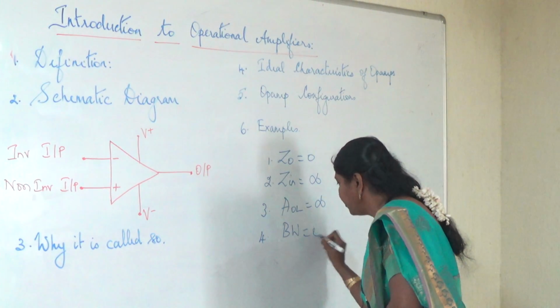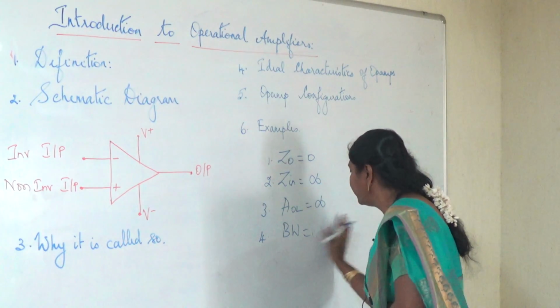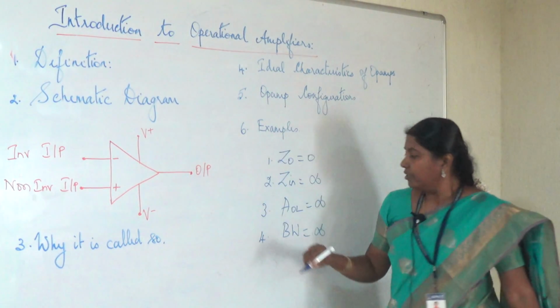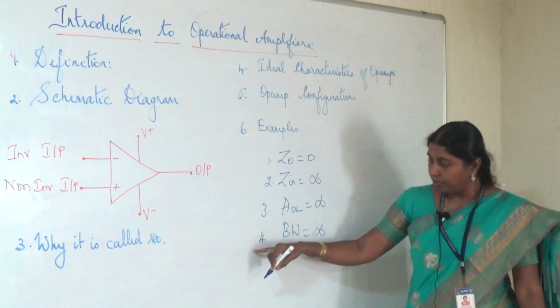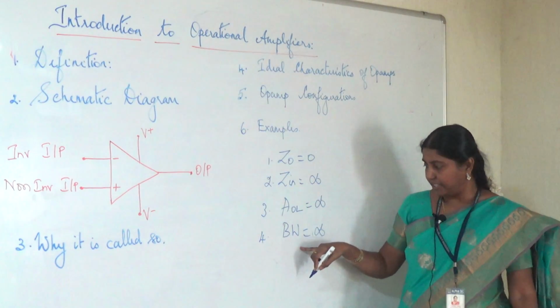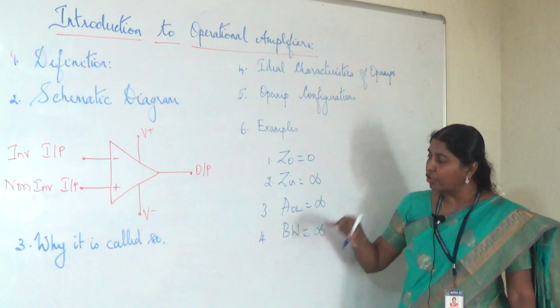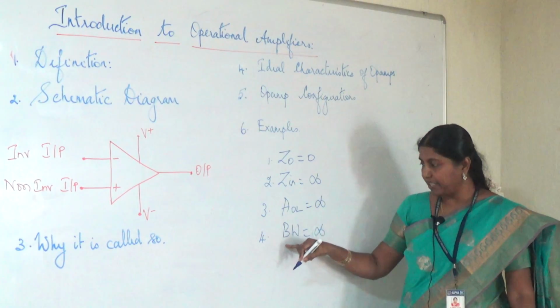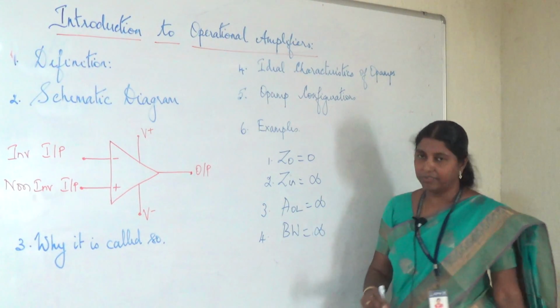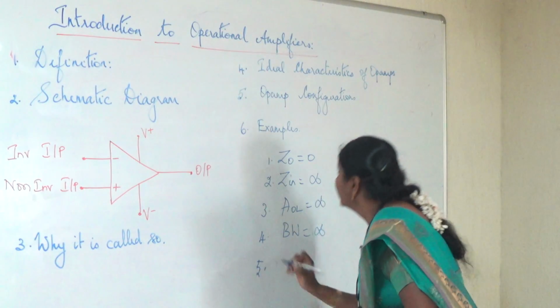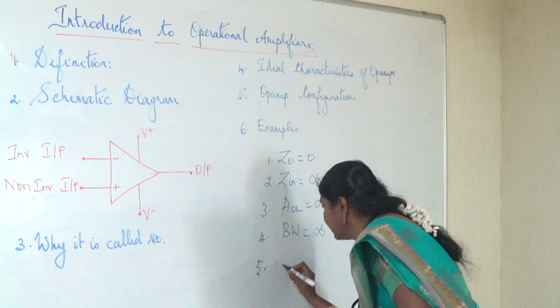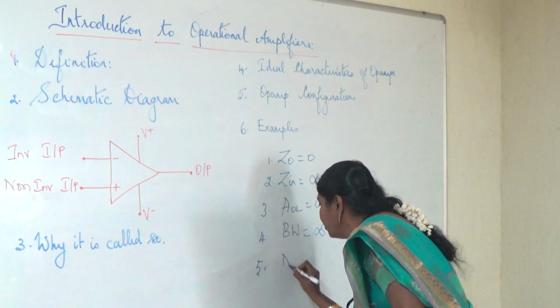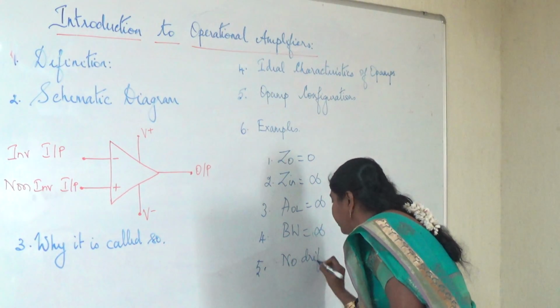The bandwidth of an op-amp is equal to infinity. This means that over the entire frequency spectrum, we are going to have a constant output, which implies that the bandwidth is equal to infinity. The fifth ideal characteristic is that the characteristics do not drift with temperature.